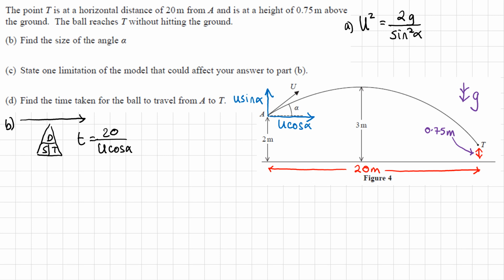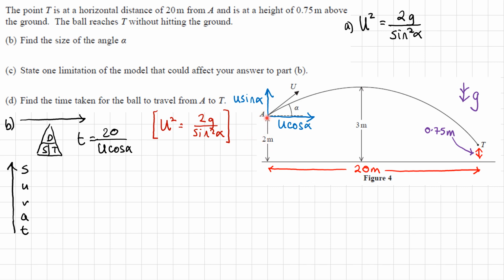Now also from part A, I'll just put this down because this might be useful as well. We've got u squared is equal to 2g over sine squared alpha. So I'll just put that there just in case we need it. Now we'll do suvat vertically, taking upwards as positive. So S, U, V, A and T. So now let's look at the vertical displacement.